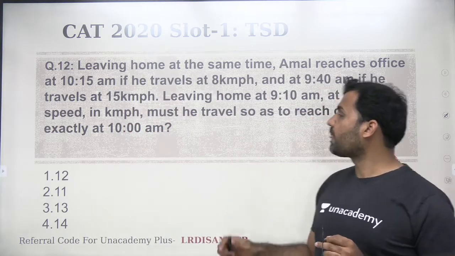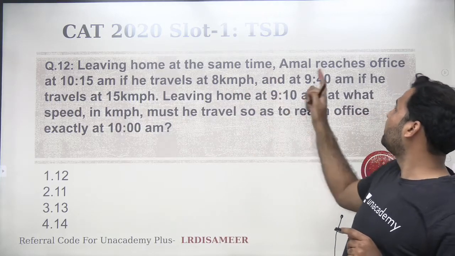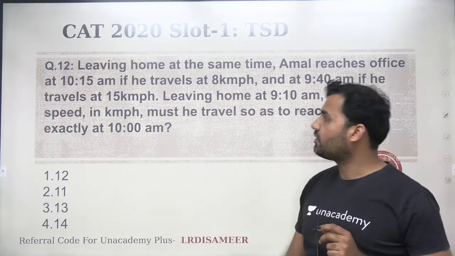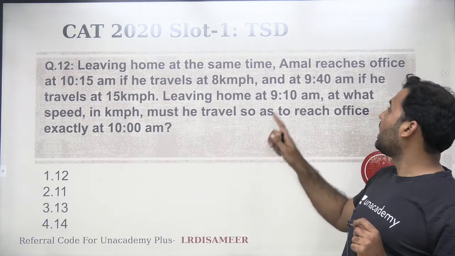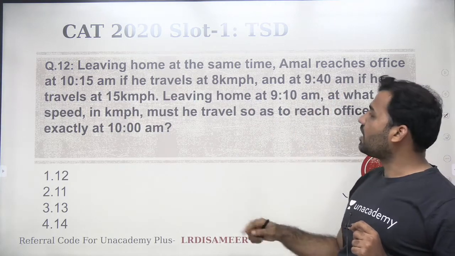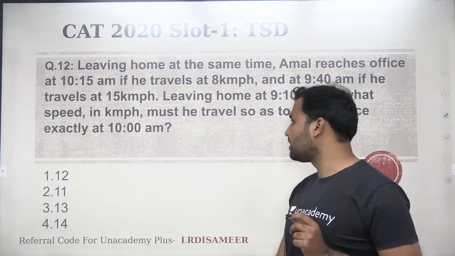Question number 12 says, leaving home at the same time Amal reaches office at 10:15 a.m. if he travels at 8 km per hour, and at 9:40 a.m. if he travels at 15 km per hour.